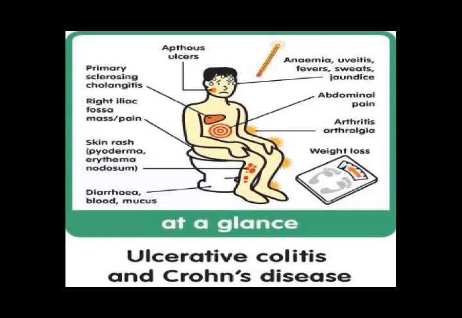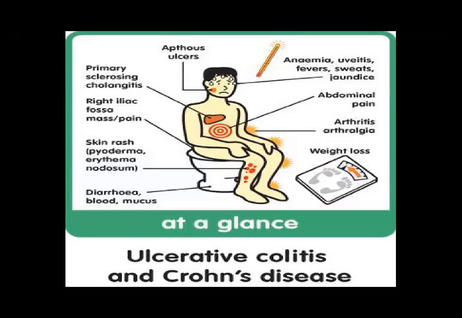A patient with inflammatory bowel disease may have arthropathies like large joint inflammation, even sacroiliitis or ankylosing spondylitis. Weight loss is again a bad prognostic sign. You can have primary sclerosing cholangitis, iritis, episcleritis, or other eye complications.